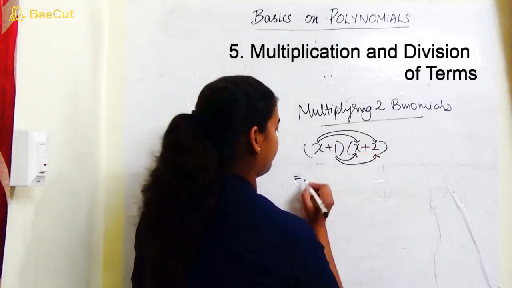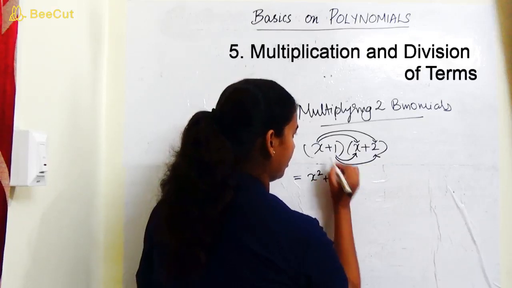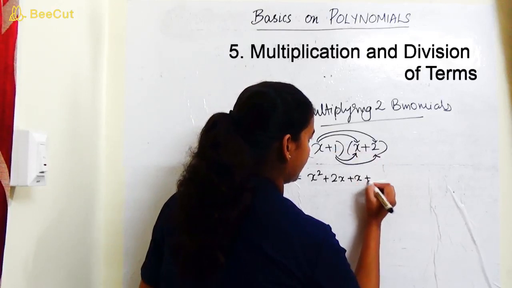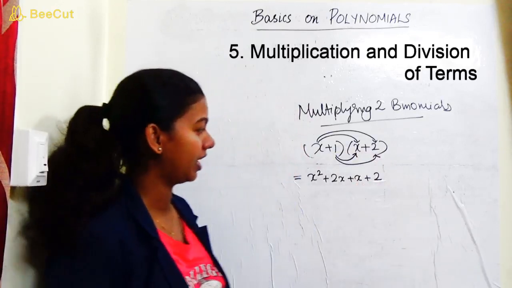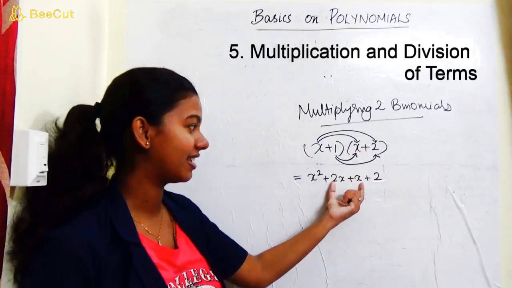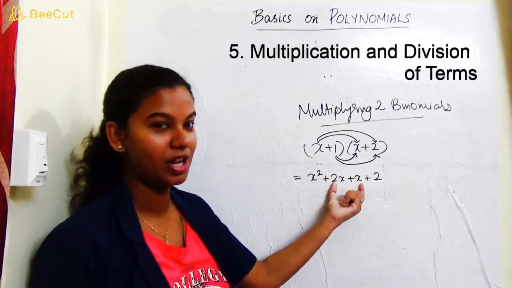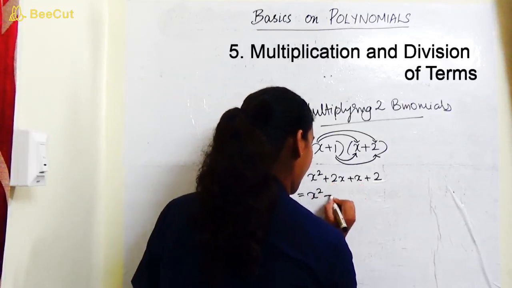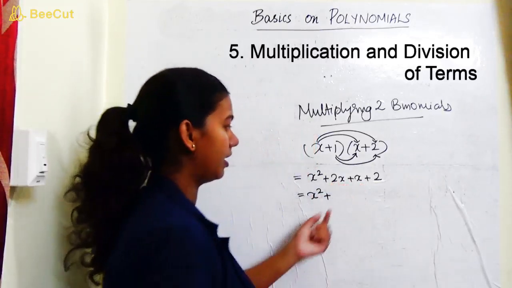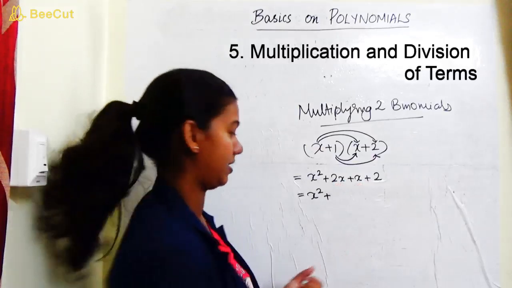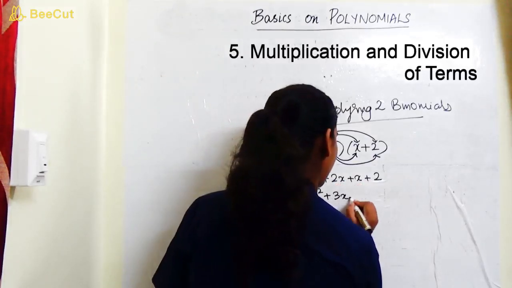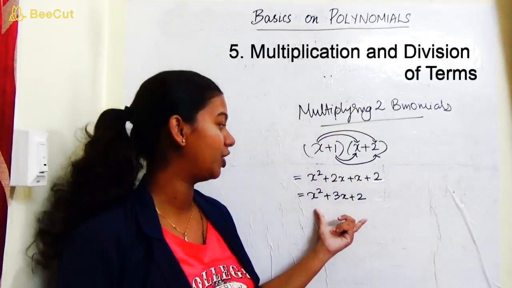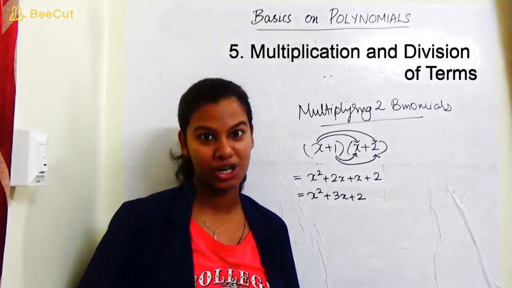So it will be x square plus 2x plus x plus 2. Okay. Now 2x and x, they are like terms, so we can add them. So it will be x square plus 2 plus 1 is 3, 3x plus 2. So this is how we do the operations in polynomials.